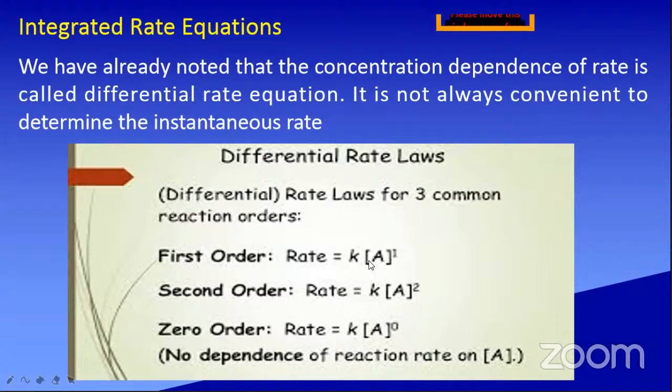Here rate equals k into a power 1; since it is 1, it is a first order reaction. Rate equals k a square: the sum of powers is 2, so it is a second order reaction. What is zero order? Rate equals k into a power 0, which means the rate is independent of the concentration of the reactants.